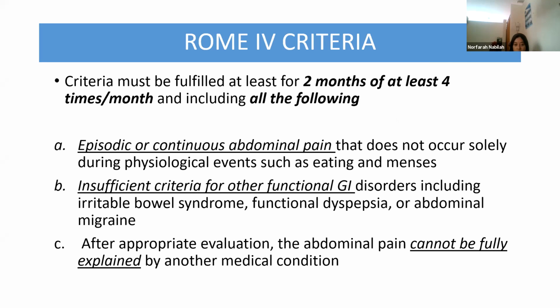In criteria B, insufficient criteria for other functional GI disorder, including irritable bowel syndrome, functional dyspepsia, or abdominal migraine. And in criteria C, after appropriate evaluation, the abdominal pain cannot be fully explained by other medical condition.